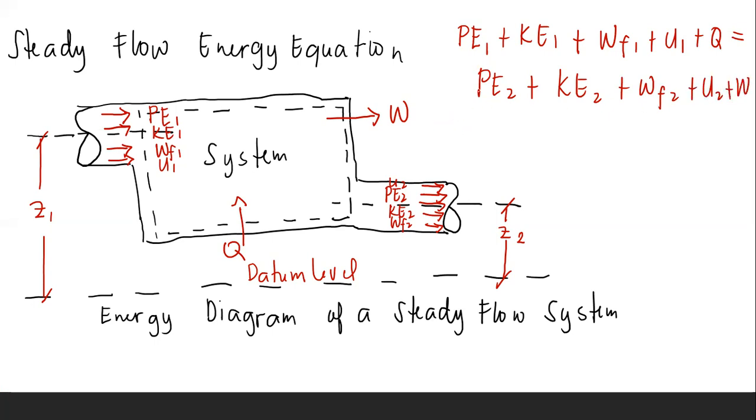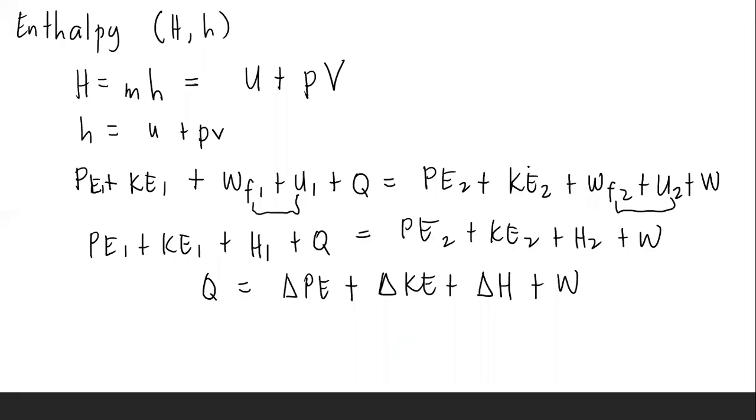We have PE2 minus PE1, the change in potential energy, KE2 minus KE1, the change in kinetic energy, flow work 2 minus flow work 1, the change in flow work, and U2 minus U1, delta U, plus the work. Q is equal to change in potential energy plus change in KE plus change in enthalpy plus the work. You can use this formula. You can change your flow work 1 plus U1 into enthalpy.